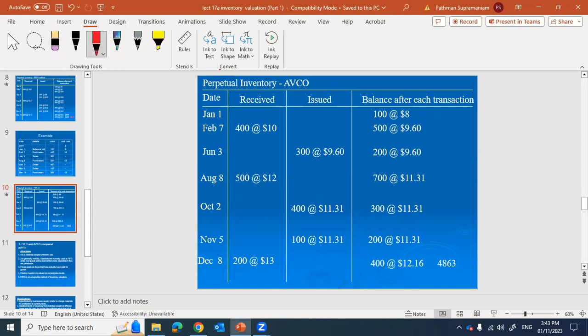Okay, maybe if that was not clear to you, I'll show you in working. So how did I get $9.60 is I need to find the average cost between these two groups. So that's 100 times 8 plus 400 times 10 over 100 plus 400.